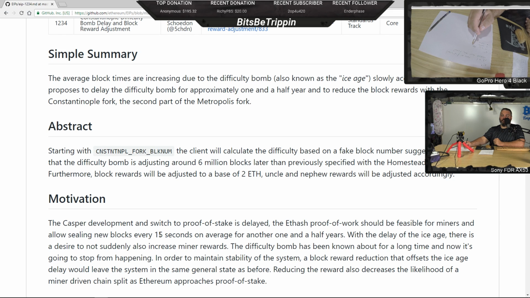function that makes the participants in the network solve a harder problem to ensure the block time stays consistent. So if Ethereum is at 15 seconds and double the hash rate comes onto the network, it would start to solve blocks faster if the difficulty remained the same.